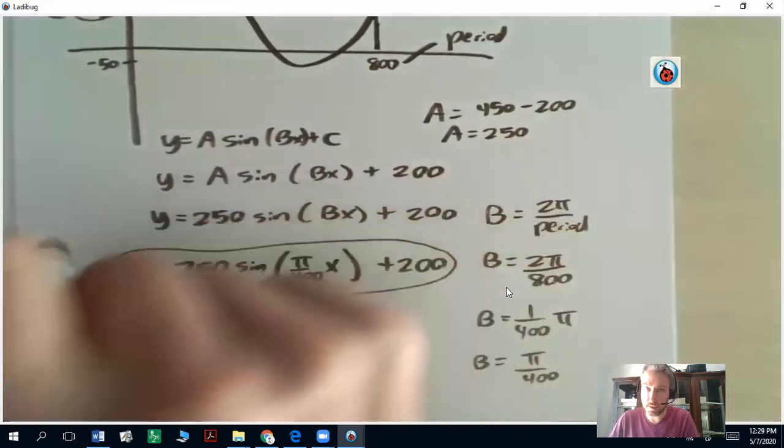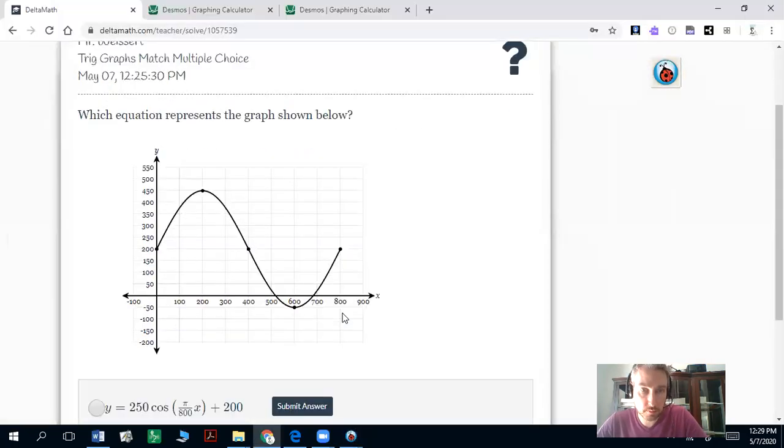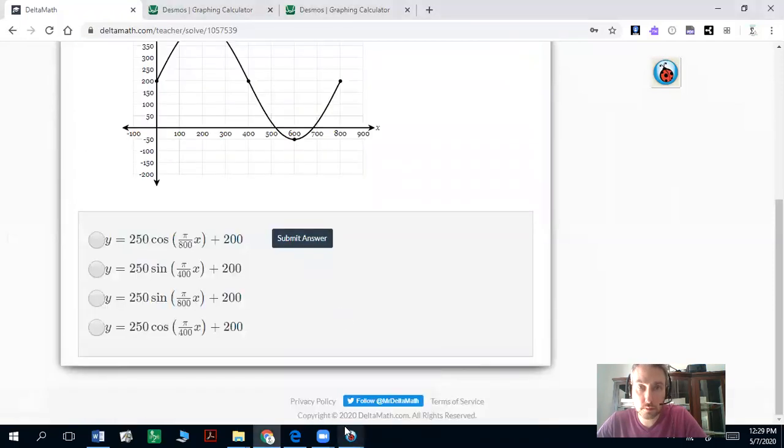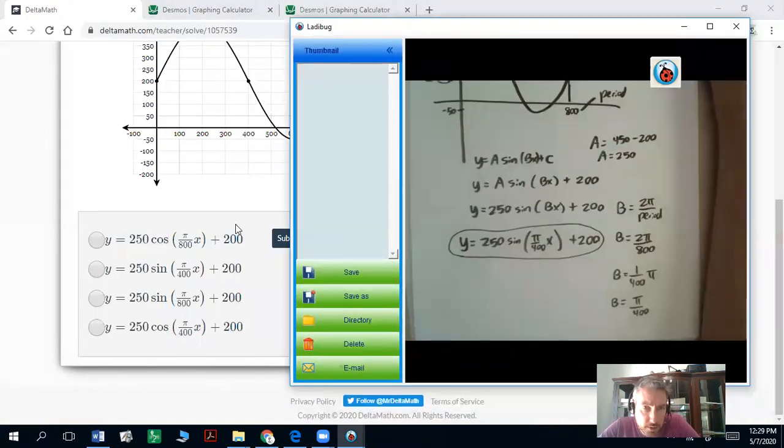Let's see if we can find something that matches that or is equivalent to it. All right, so they all start with 250, end with 200. 2 of them are sine, 2 are cosine. So we want to focus on the sines. One says pi over 400, one says pi over 800.